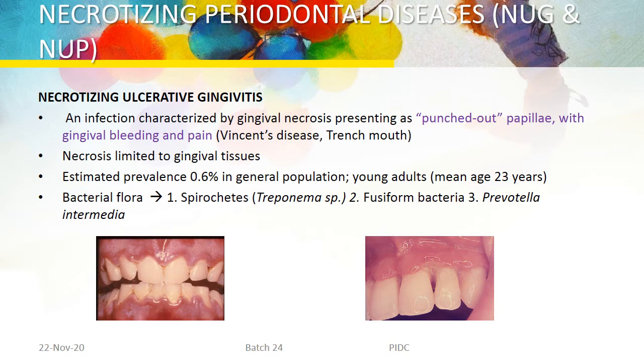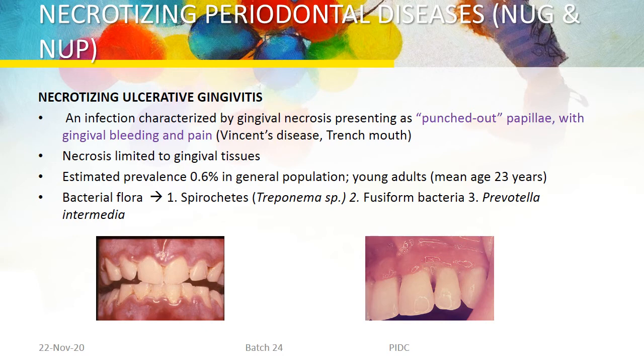Next, coming on to necrotizing periodontal diseases, necrotizing ulcerative gingivitis and necrotizing ulcerative periodontitis. This is an infection characterized by gingival necrosis, with characteristic punched-out papillae, gingival bleeding, and pain. It is otherwise known as Vincent's disease and trench mouth.